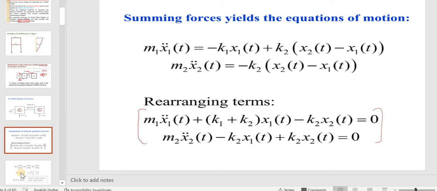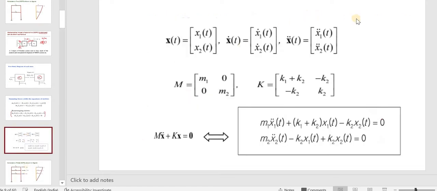So here you can see the first equation is m1 x1 double dot. You need not write the t, because x1 is also a function of t only. Then k1 plus k2, like that I am getting the equations.